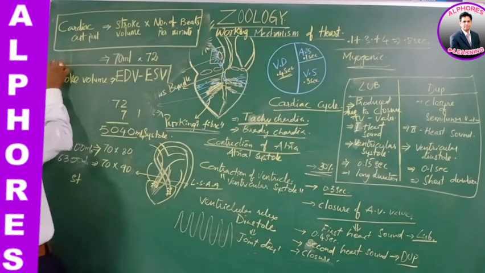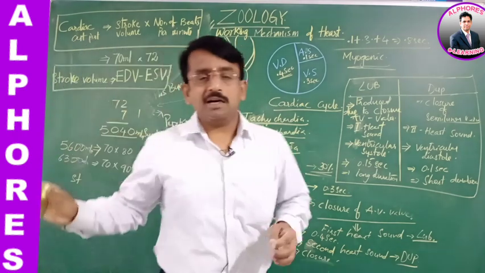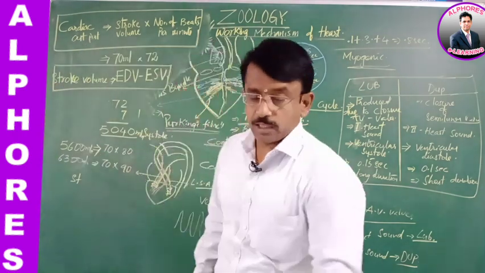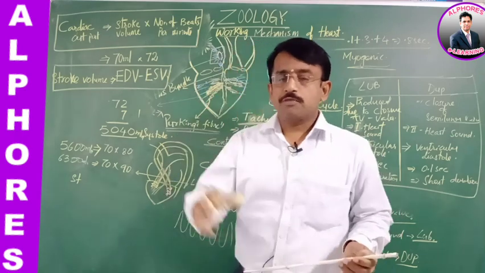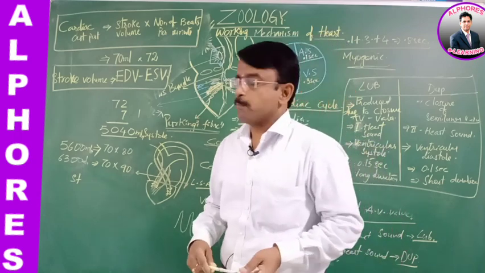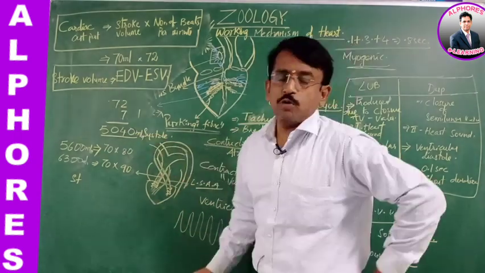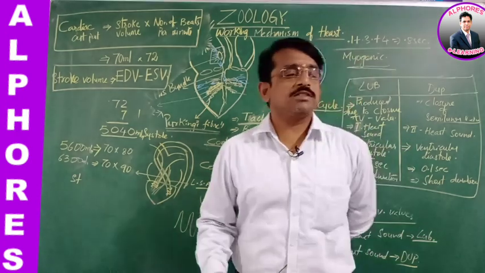There is nothing different in this, and I will explain it in a very simple manner. If you concentrate more, it can be easily understood. What do you mean by stroke volume? The amount of blood that is pumped out of the ventricle is the stroke volume.